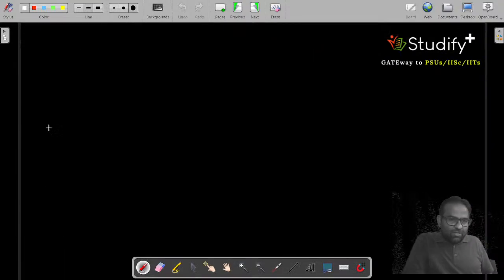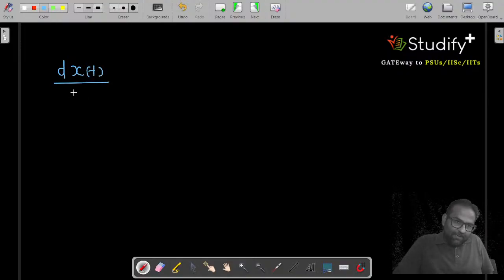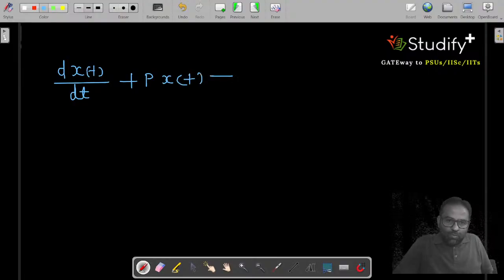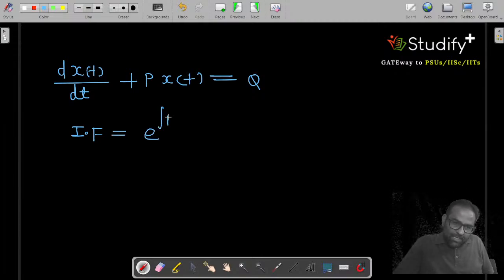If I write the general form, dx(t)/dt plus p times x(t) equals q, what is the general solution? Always remember, the integrating factor is given by e to the power p times dt.